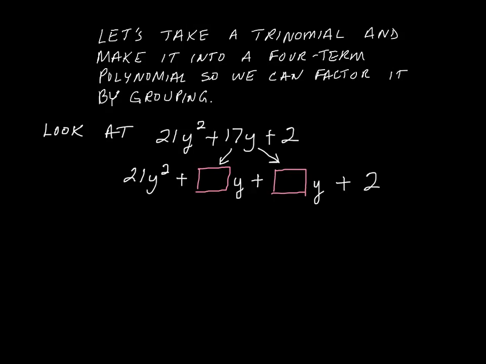So in order to pick the correct numbers to put into these pink boxes, because I want to break up the 17y into 2 terms so that now we will have 4 terms to deal with, this is where the AC method comes in. We look at our A, which is the 21, and our C, which is the 2.